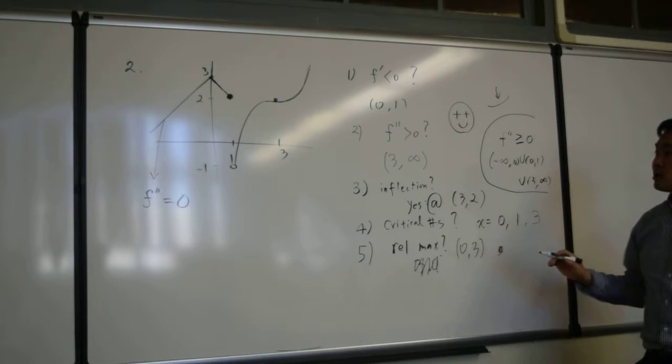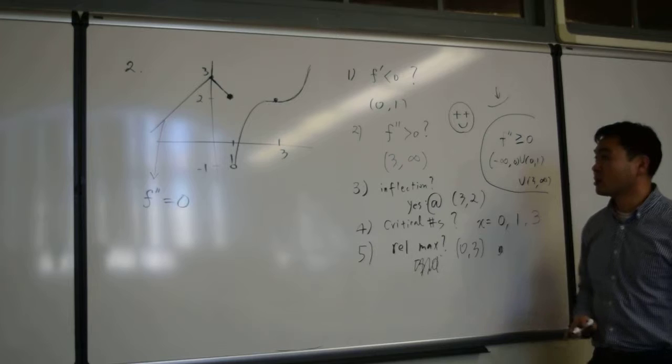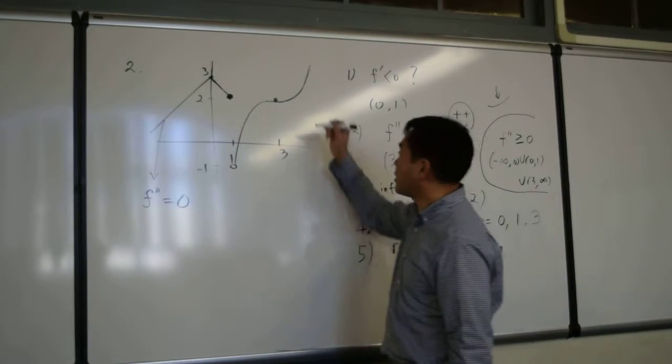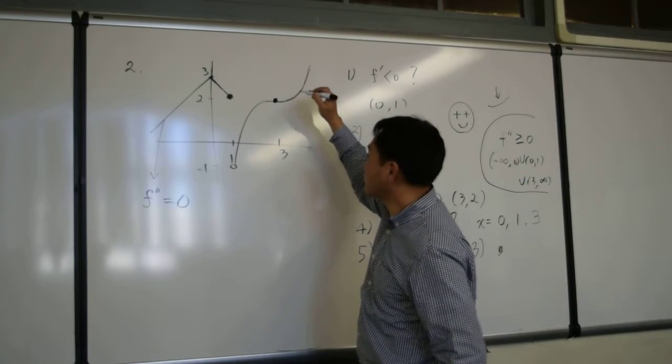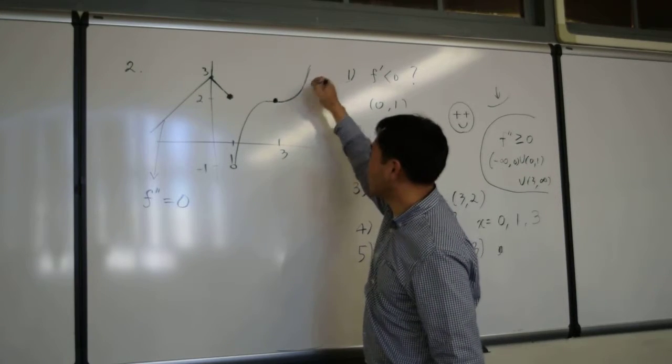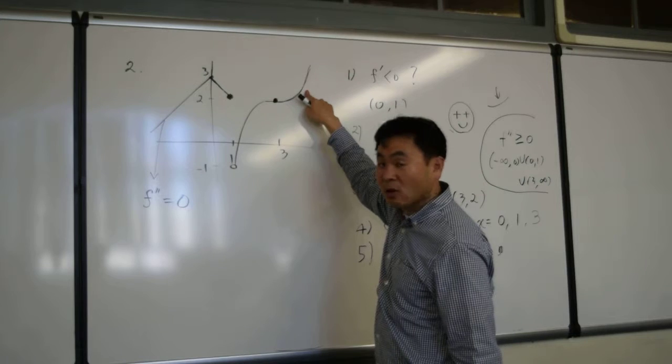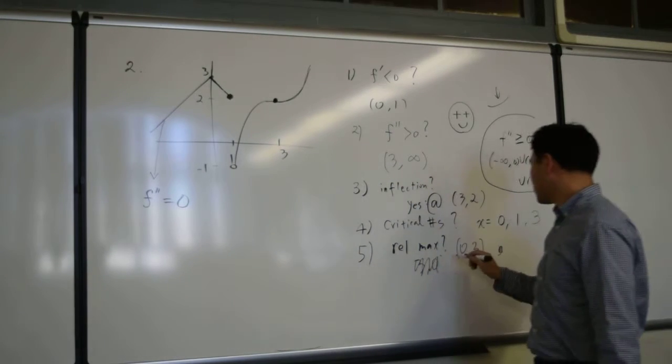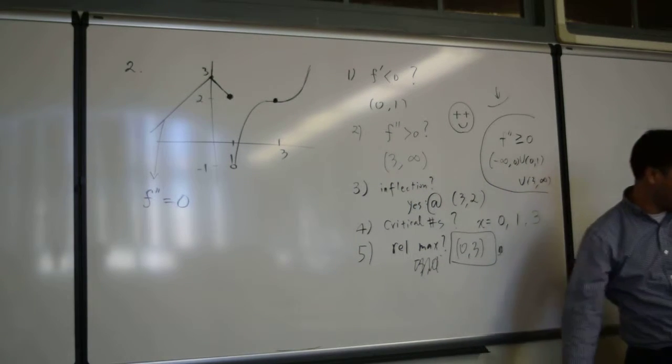So 1 comma 2 is not a relative maximum, so we can't write it here. And 3 comma 2 is not a relative maximum because if you go right, it goes up. There are places on the right that are above this point. So the only relative maximum is 0 comma 3.